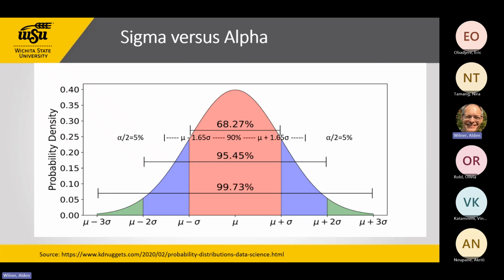So if we start looking at our alpha values, we said we had 5%. Alpha over 2 is 5%. That means we got 1.65 sigmas over here. So this is a 10% alpha, 90% confidence interval.